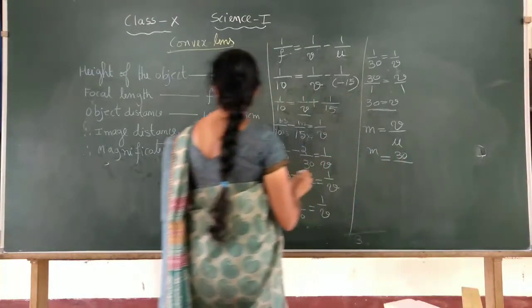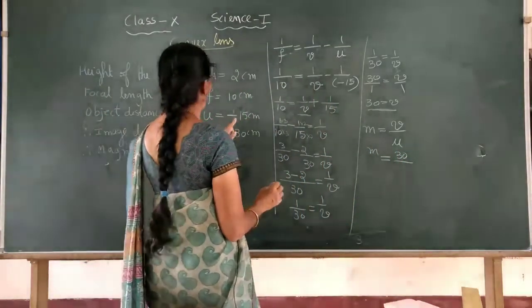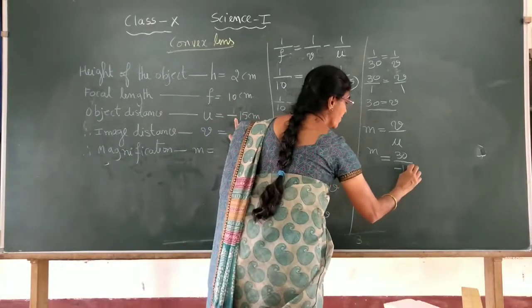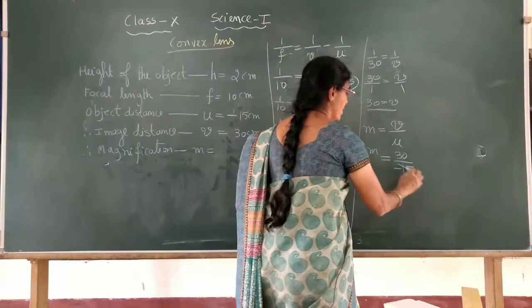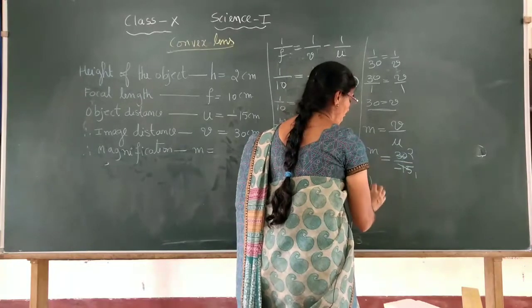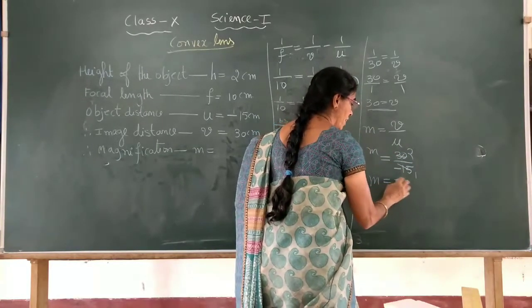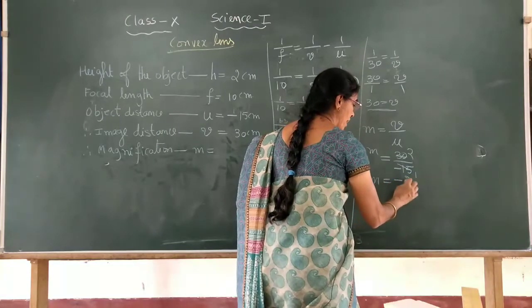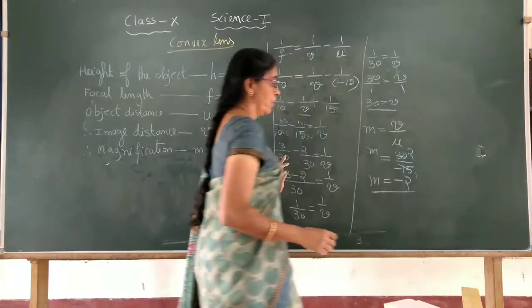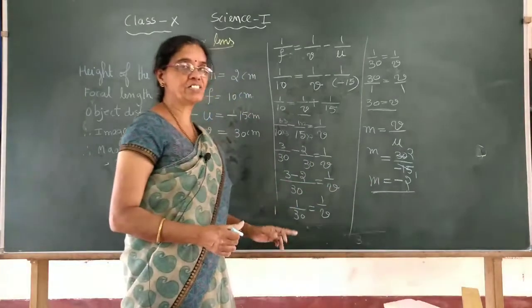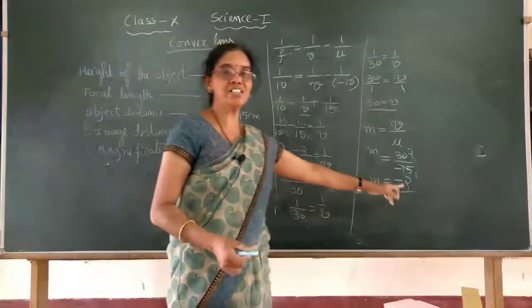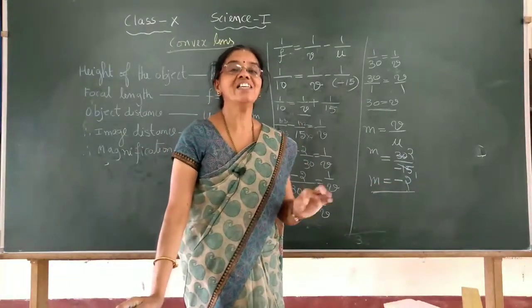U value how much? It is minus 15. Minus 15. 15 ones are, 15 twos are, M is equal to plus divided by minus. It is same rule for the division and multiplication. It is minus 2.